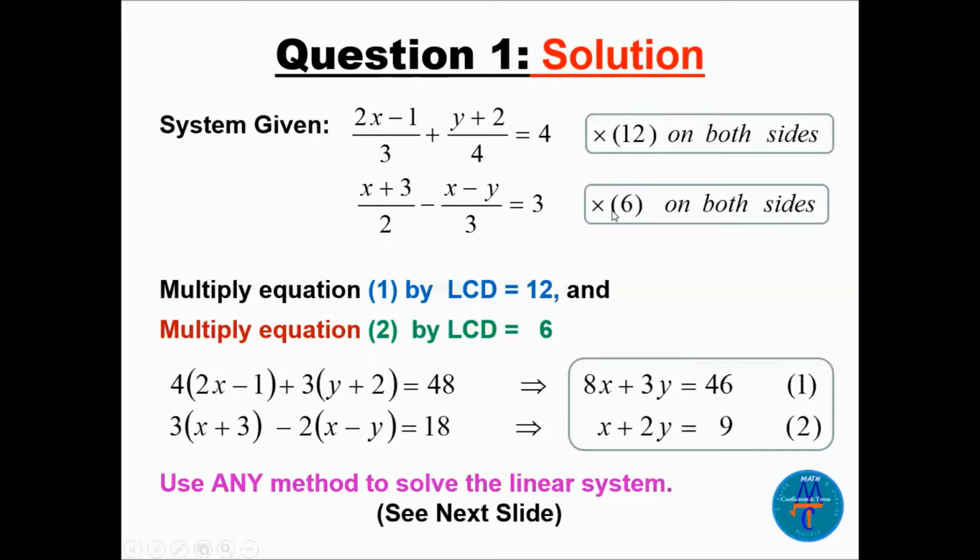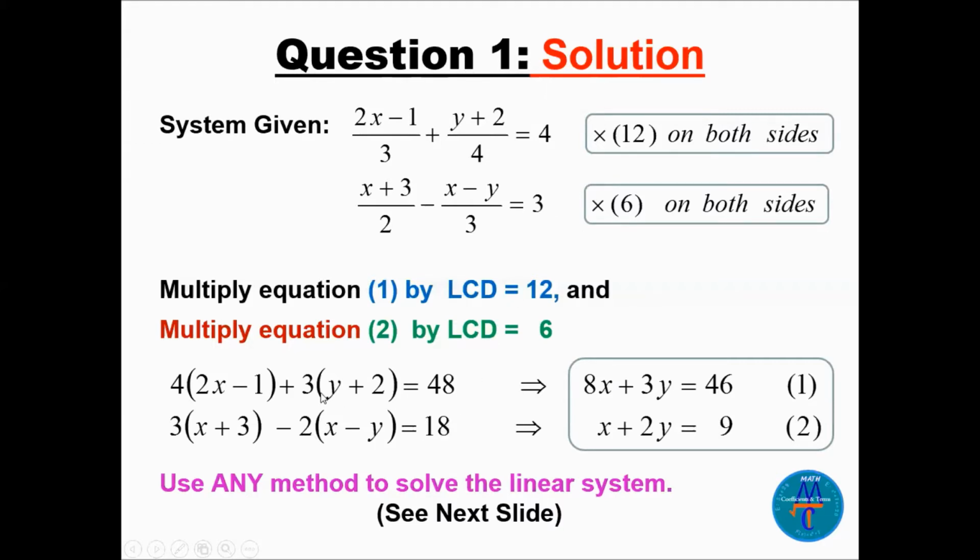Now same for second equation, but the LCD here is 6. So 6 divided by 2 is 3 in the bracket x plus 3. Minus 6 divided by 3 is 2, x minus y, is equal to 6 times 3 is 18.